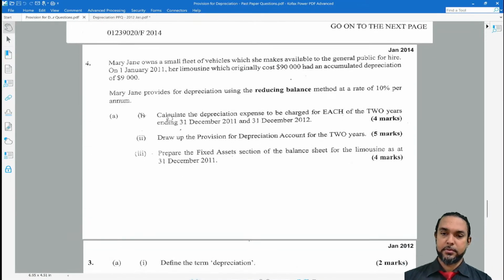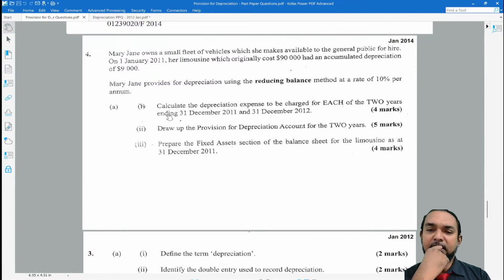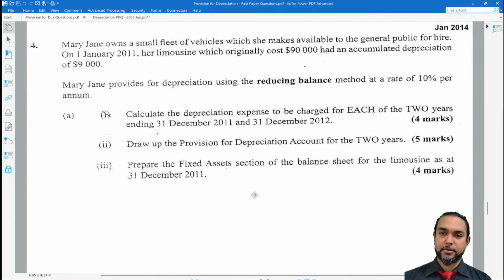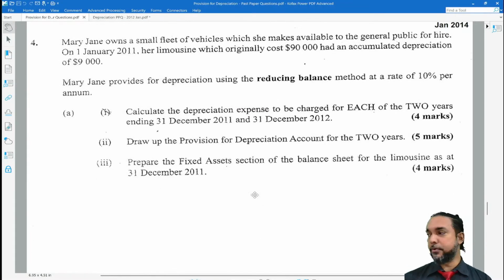Next one I wanted to do, with Mary Jane now, let's zoom in a little bit. I'll print this out. It doesn't come with the stuff to fill in, unfortunately, so I'll see what I can do. It was a small fleet of vehicles she makes available to the general public for hire.